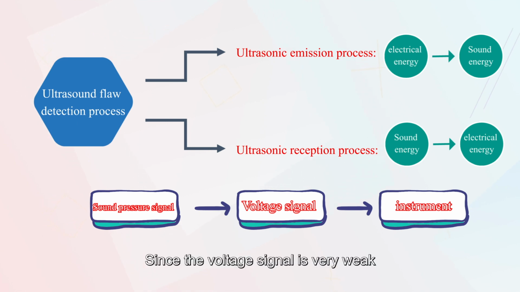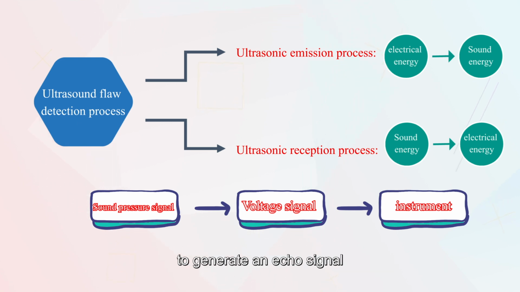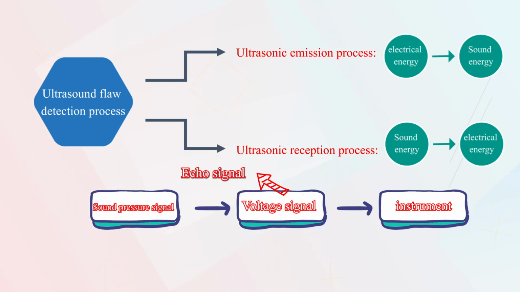Since the voltage signal is very weak, it is necessary to use the amplifier to linearly amplify the signal and then apply it to the vertical deflection plate to generate an echo signal.